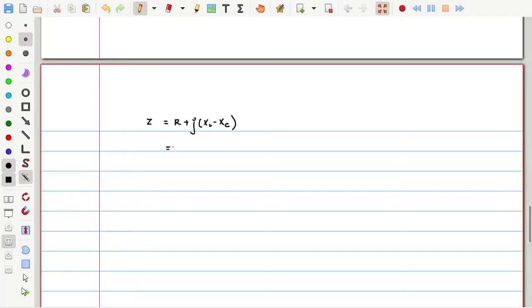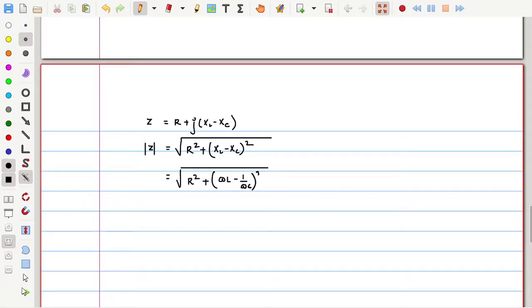Now, if I make this into a more interesting form, the magnitude of the impedance is equal to the square root of R square plus (XL minus XC) whole square, and I can write this as R square plus (omega L minus 1 by omega C) whole square.